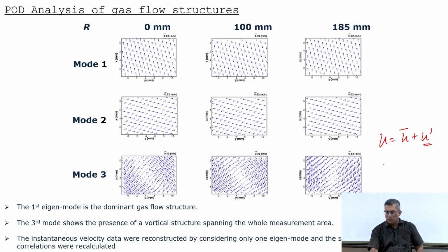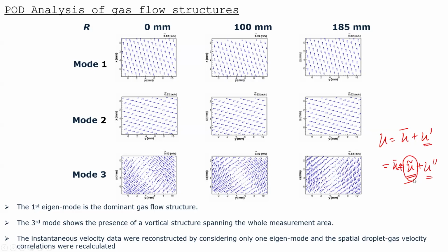So one way to visualize this is to further decompose this and say that this represents the large scale eddies and this is small scale eddies. Okay. And what we are doing here using POD is to capture this. The large scale eddies we can capture. Okay.